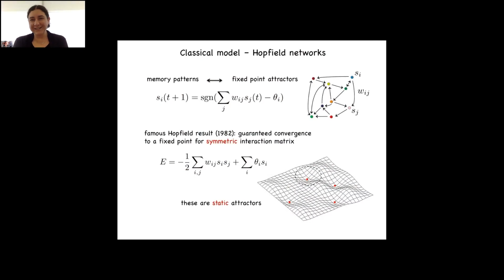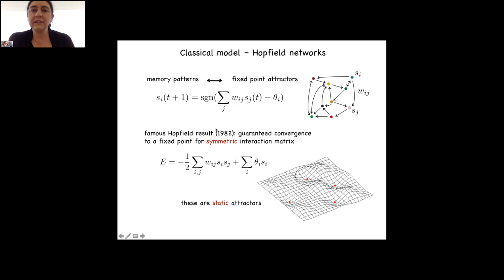Okay, let's get started. The starting point in terms of the neuroscience that I think about is really the classical Hopfield model. Many of you are probably familiar with this model. Basically, anybody who's done computational or theoretical neuroscience learns this early on. It is a prototypical model of attractor neural networks for memory encoding and computation in the brain. The idea is that you have networks of neurons, and every neuron has a state.